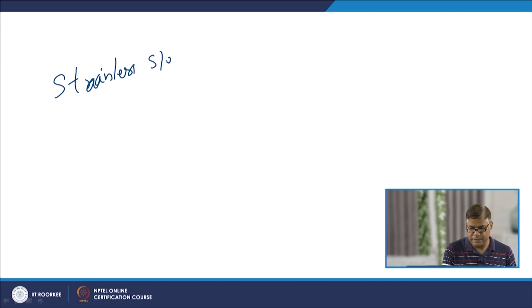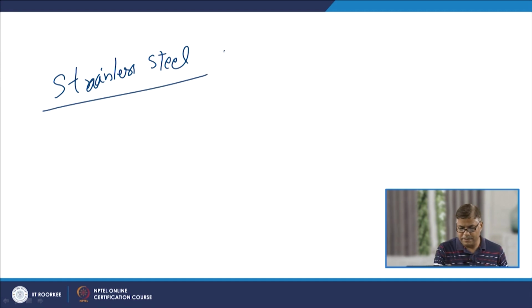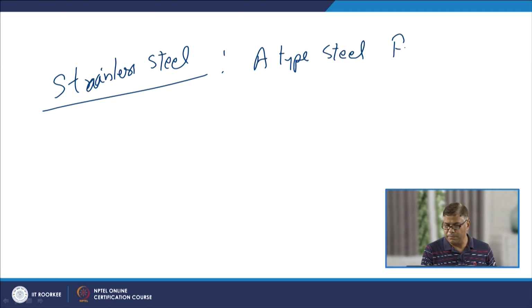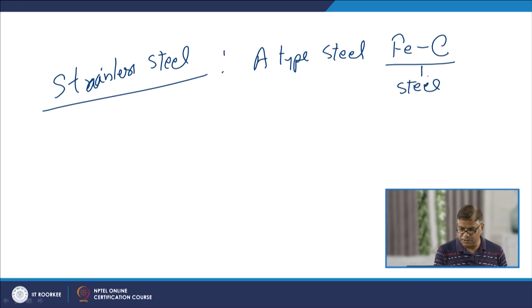Stainless steel is basically a type of steel, which primarily has iron and carbon along with other alloying elements. Because it is an alloy of iron and carbon, it is steel, but it is a unique type of steel where the alloying addition is done in such a way that it gets a stainless effect.